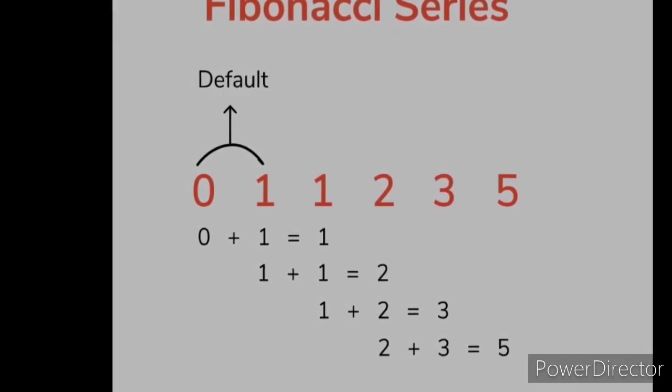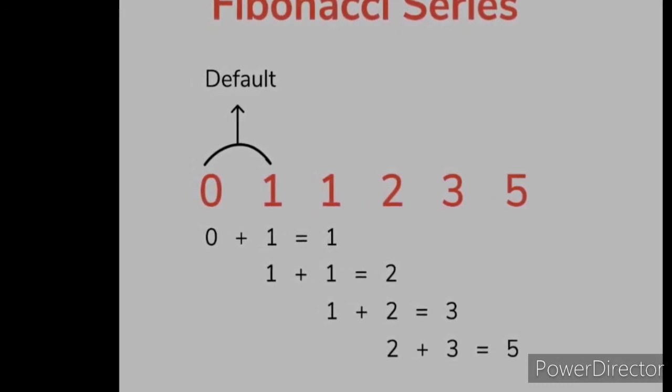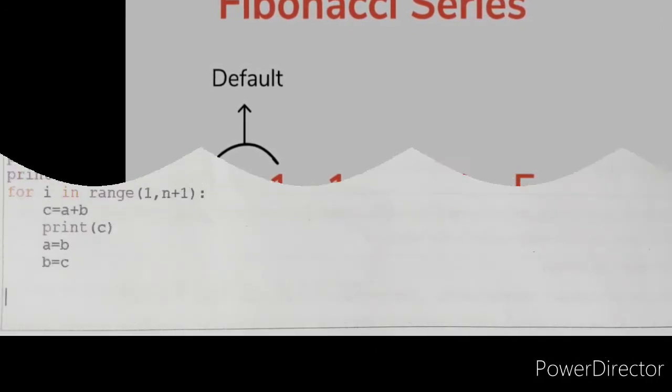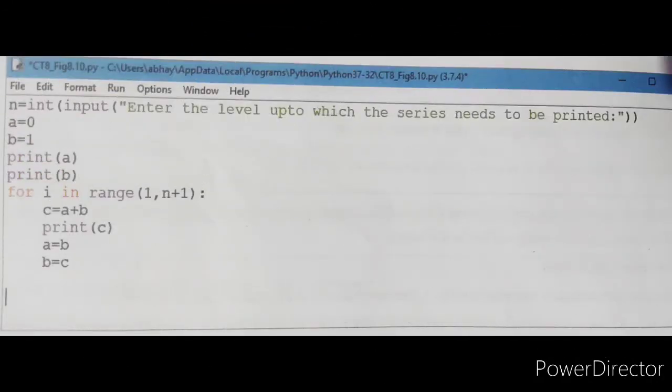Now we will see how can we write program of Fibonacci series in Python. Now start the program. First, take input from the user and store that value in the variable n. So to take input from the user, we always use input function.